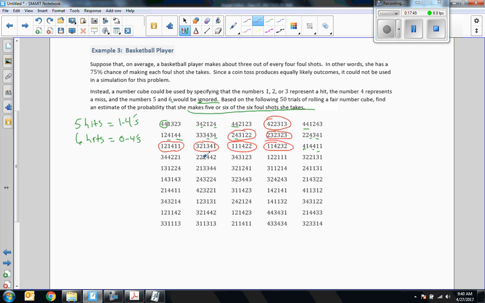Okay, this one has 2, so I'll skip it. Perfect, no 4s. 1 four is okay. 2 fours is not. 1 four is 5 hits. 2 is only 4 hits. Here's 1 four.